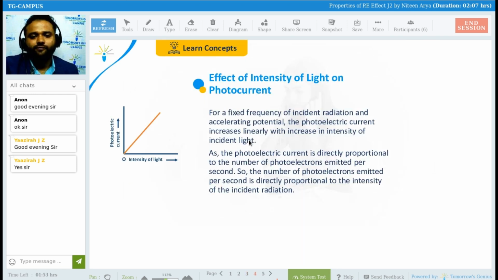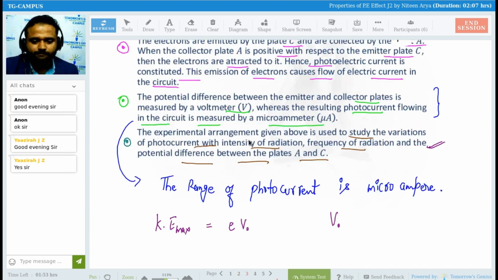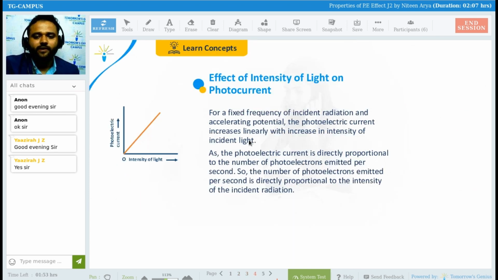Okay, so that is the effect of intensity on photocurrent. Basically, the photocurrent is going to be directly proportional to the intensity. More the intensity, more the amplitude, and more the number of photoelectrons generated. Why so? Because, as in the previous class, intensity is directly proportional to the amplitude squared.